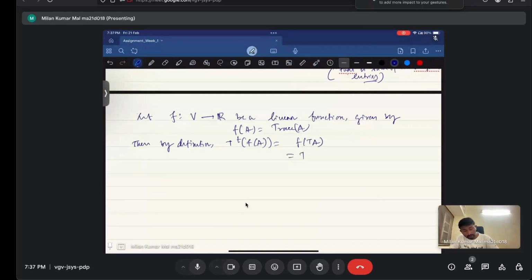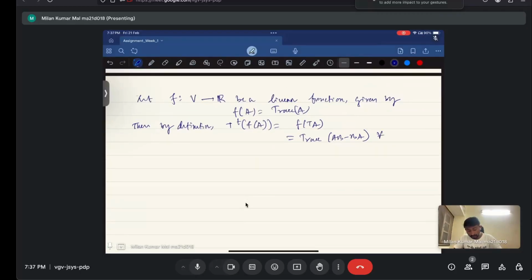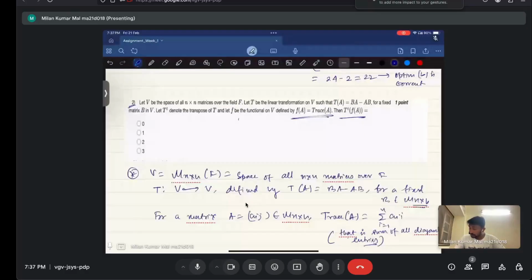That is equal to trace of BA minus AB, for a fixed matrix B, for all A belonging to the matrices n by n. So let's calculate what the trace is.